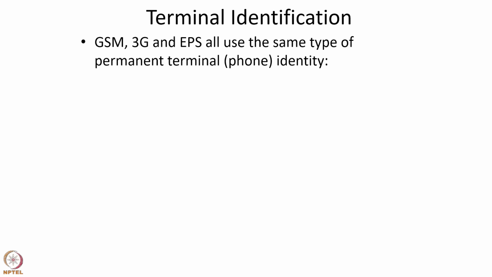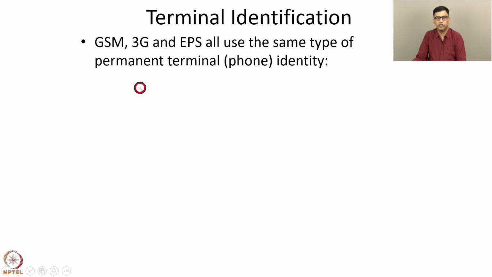We have so far discussed subscriber confidentiality, that is protecting the identity of the subscriber or SIM card. Now we discuss another form of identification, that is the identification of the cell phone. The cell phone is also known as the terminal. So we now discuss the mechanism for identification of the cell phone or the terminal.